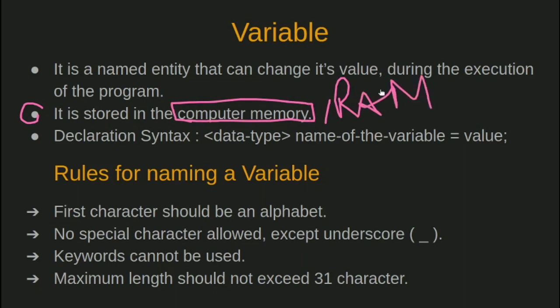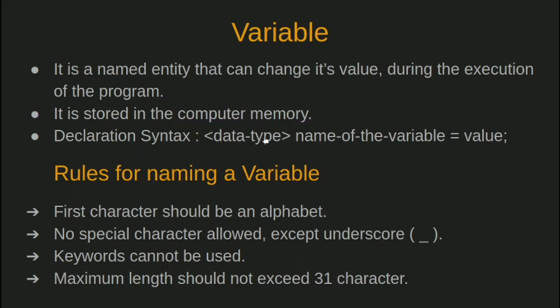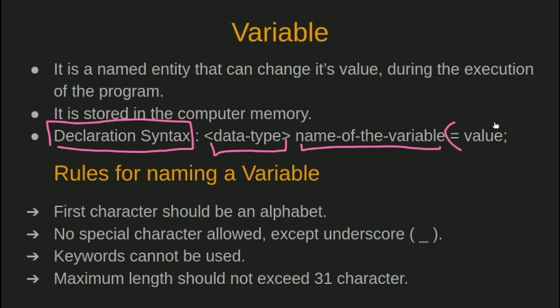Now that we know what a variable is and where it is stored, let us see how it is declared in the program. In order to declare a variable, first of all what we need is the data type, followed by the name of the variable, followed by an optional part, followed by a semicolon.